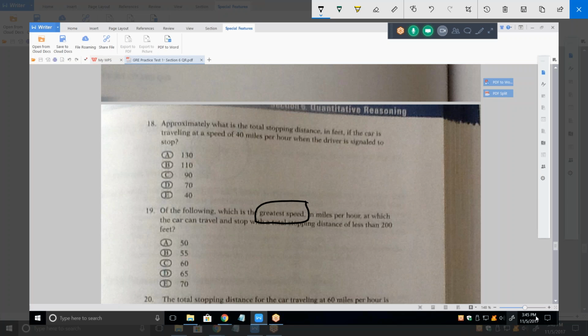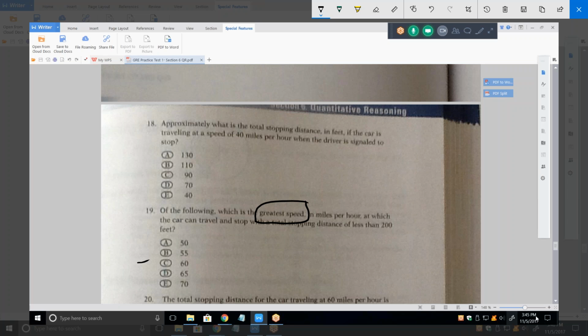It wants the greatest speed. If I tried the middle speed and it worked, that wouldn't tell me anything. So you start with 70. Yes. And if 70 doesn't work, you do 65 and then 60 and then 55 and 50. If the question said the least speed, then I would start with 50.